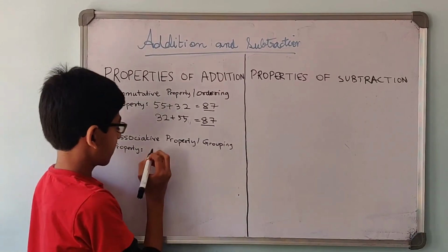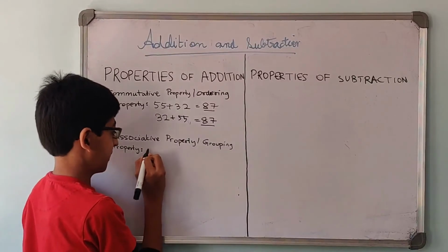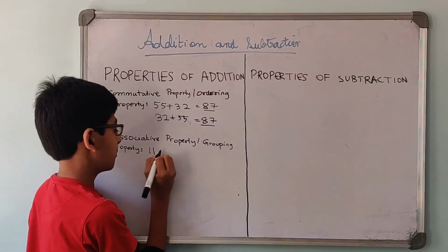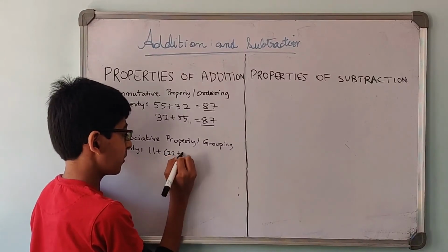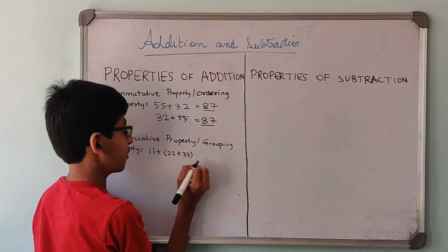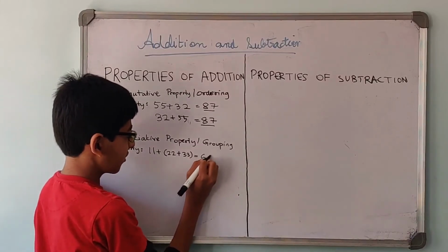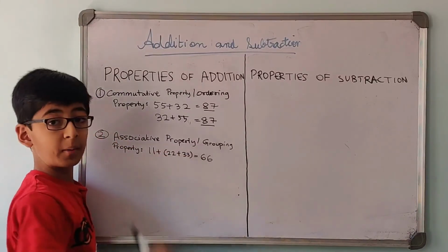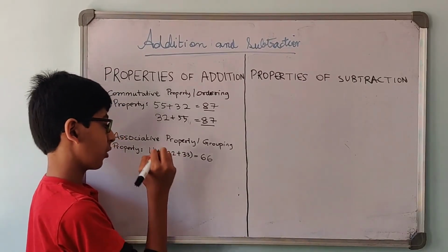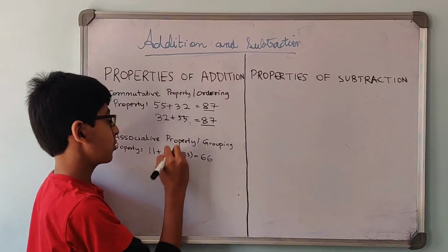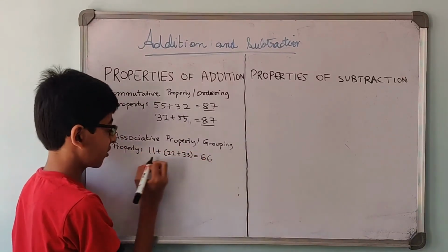It is just similar to the commutative property, but if we have many numbers, for example 11 plus 22 plus 33, like this we have more than 2 numbers. So our answer would give us 66. Now you might be wondering why I have put brackets. Brackets mean you have to do this operation first. So 22 plus 33 gives us 55. 55 plus 11 is 66.